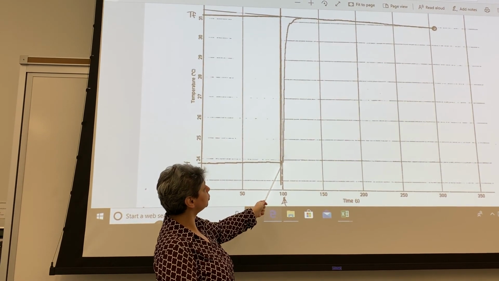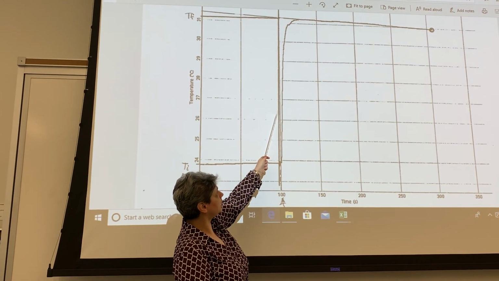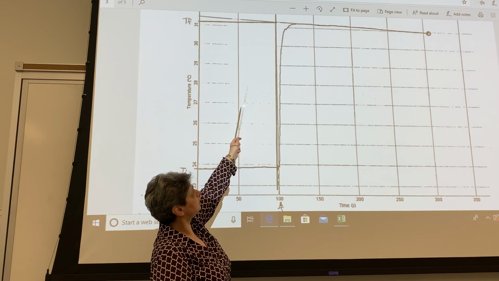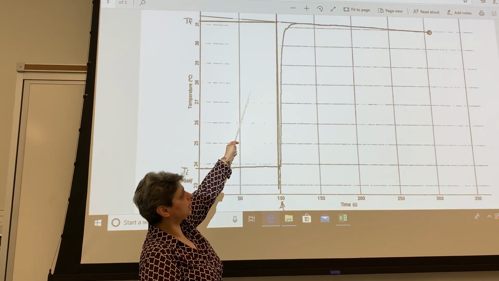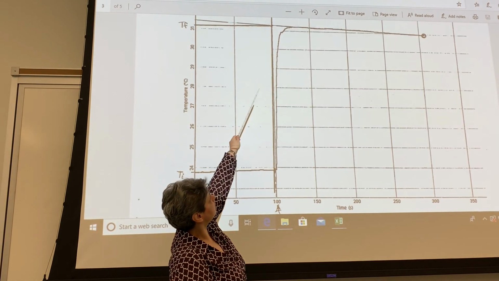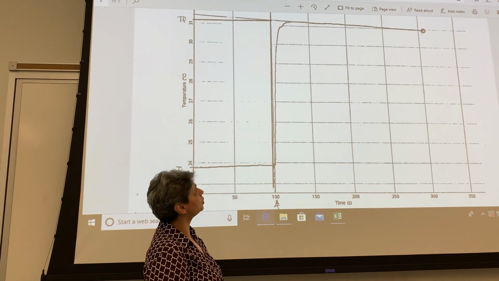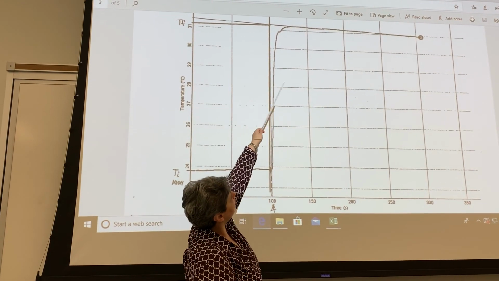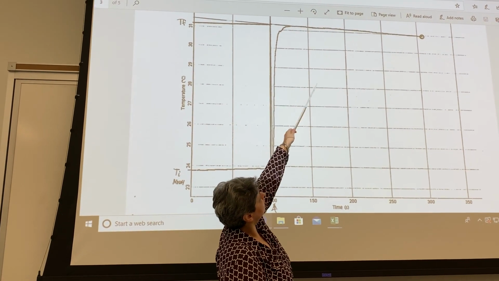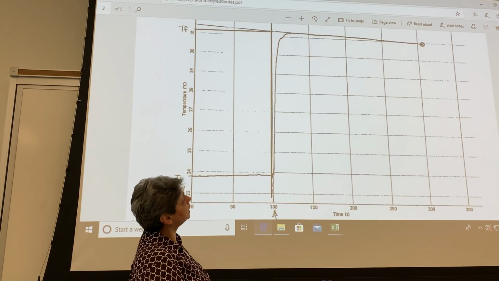As you can see, as soon as acid is added, temperature starts rising fairly quickly and abruptly. It rises until all of the sodium hydroxide is used up. Remember, NaOH is our limiting reactant. Once that happens, temperature sort of levels off. You'll notice that portion of the curve has a little bit of a negative slope.